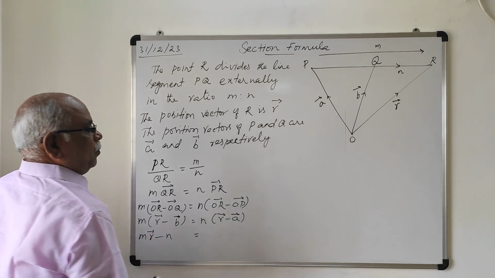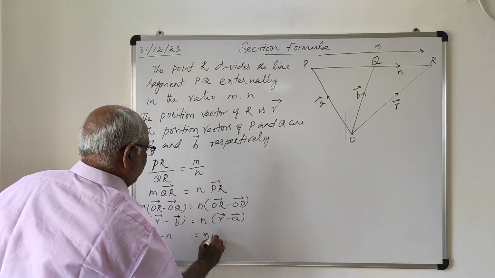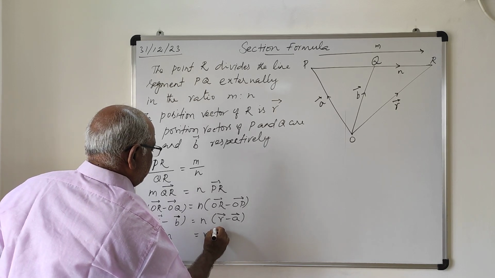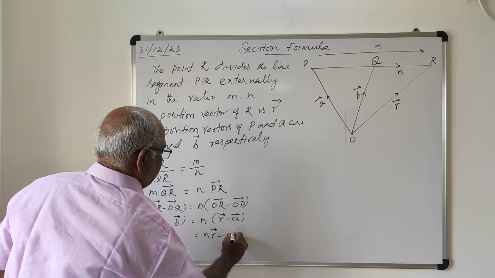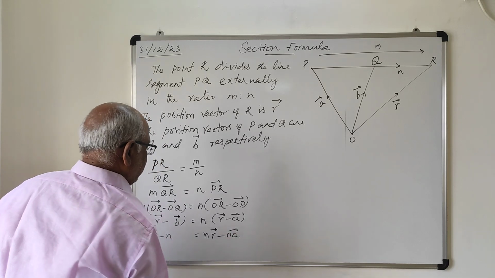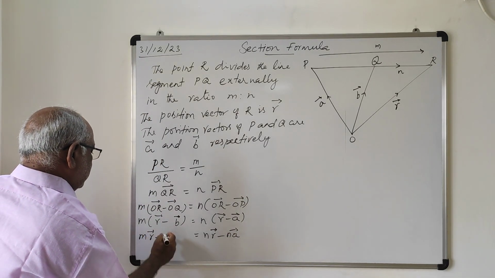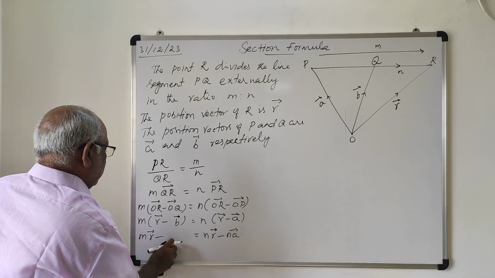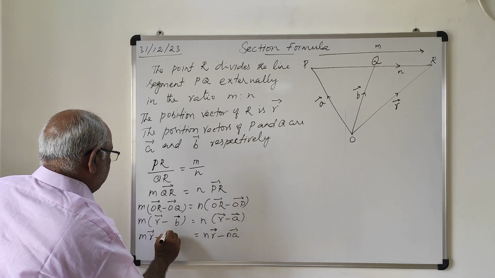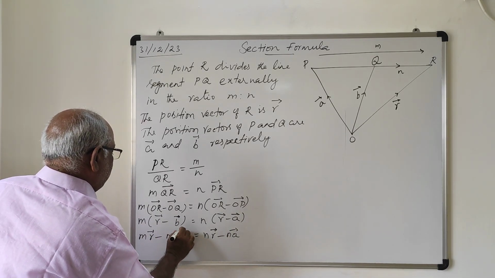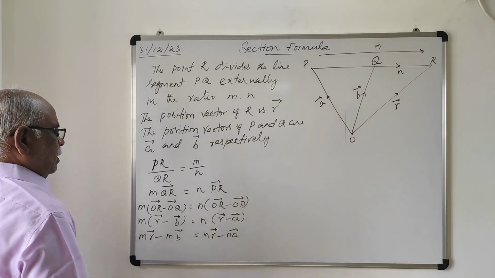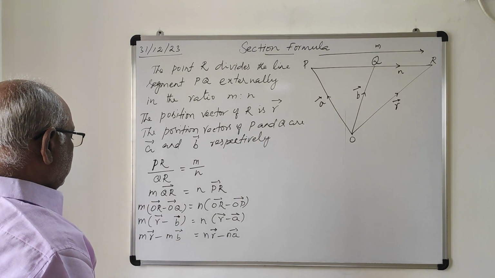OR is r vector, OP is a vector. So n into r vector minus n into a vector. Okay?